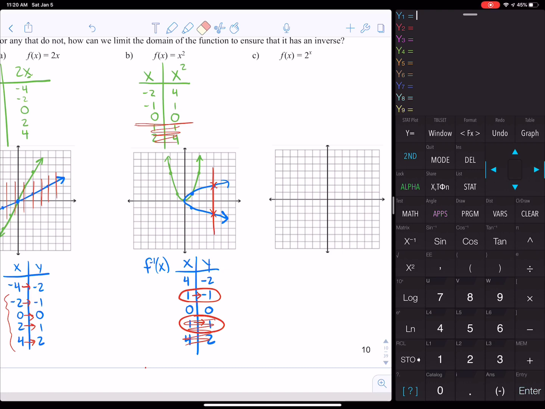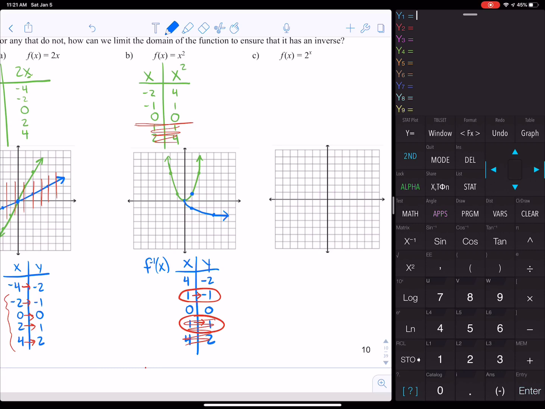It would only include part of our function, and then it would be an inverse function. So we had 4, -2, 1, -1, 0, 0 as one way we could do it.